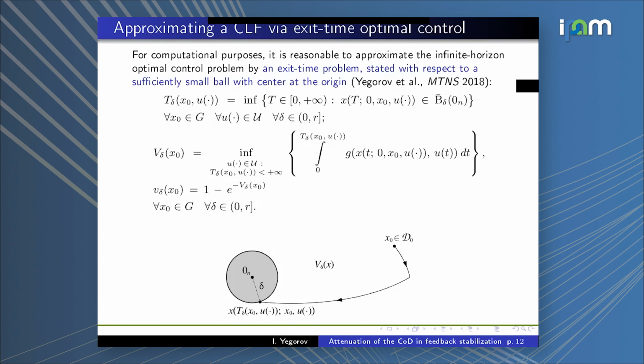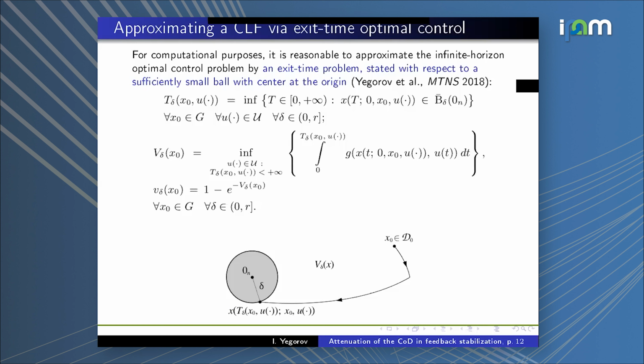We can take a certain sufficiently small ball with the center at the origin of radius delta, and we can state the problem of reaching this ball so that this functional is minimized.